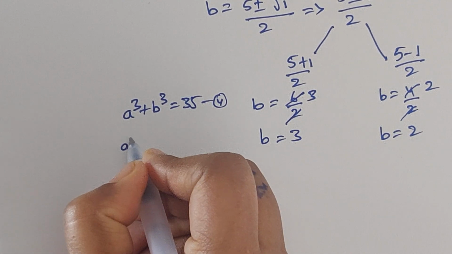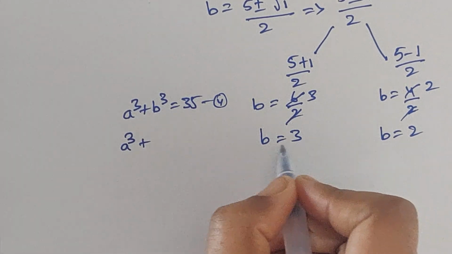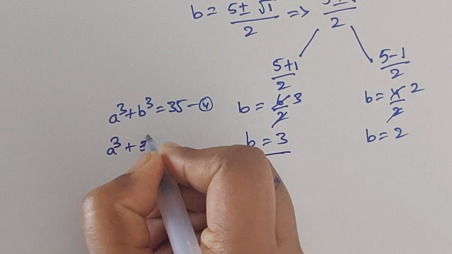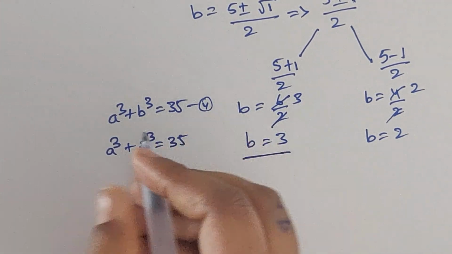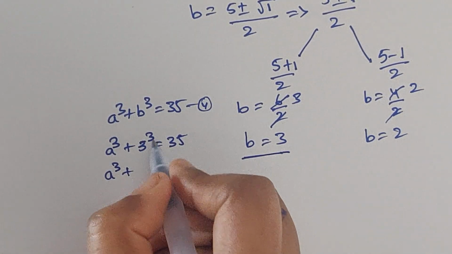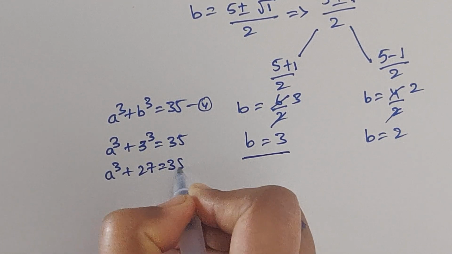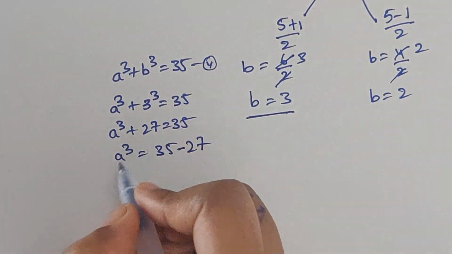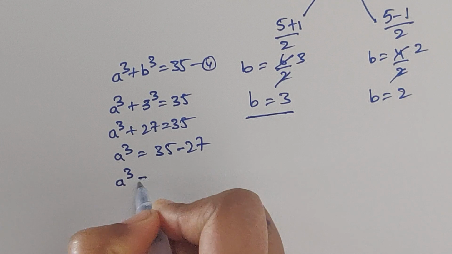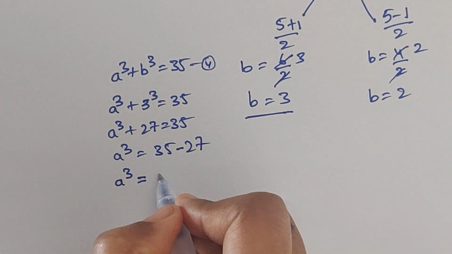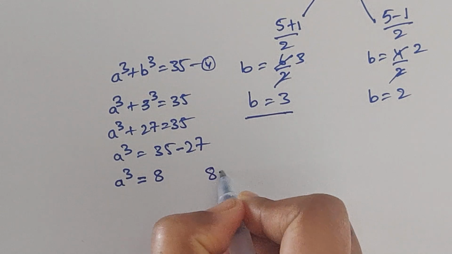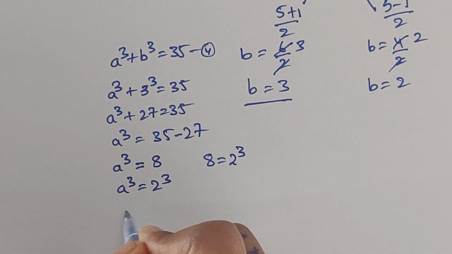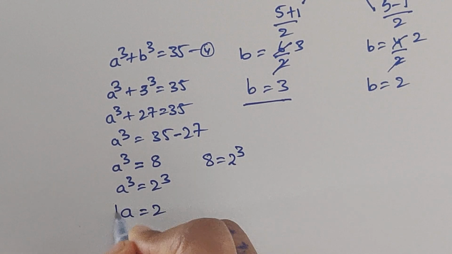So a cube plus b value is 3, so 3 cube equals 35. So a cube plus 3 cube which is equal to 27 equals 35, and a cube, so 35 minus 27 which is equal to 8. So 8 can be written as 2 cube. So a cube equals 2 cube. Now a equals 2.